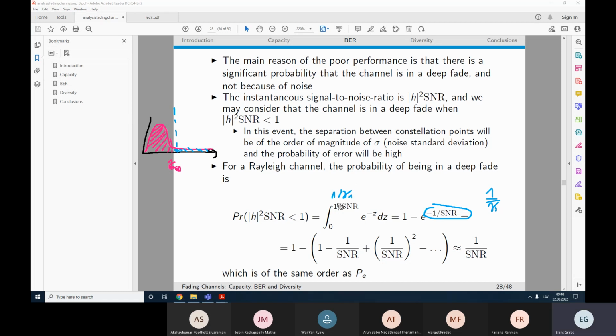So not really gamma, but 1 divided by gamma. Basically the opposite: if we usually say that this is signal-to-noise ratio, that would be gamma. Then 1 divided by gamma is, you can say, the noise-to-signal ratio, the opposite ratio.